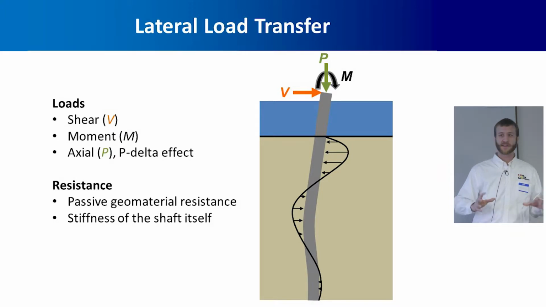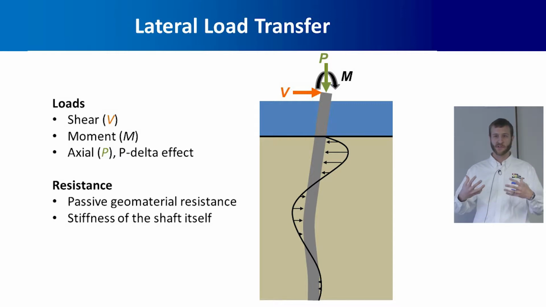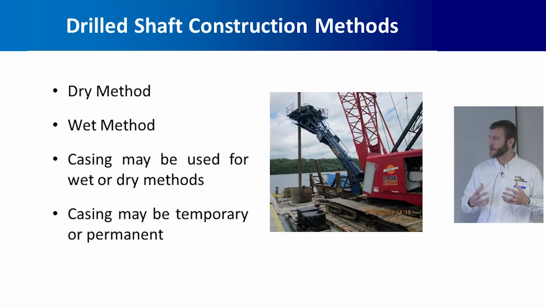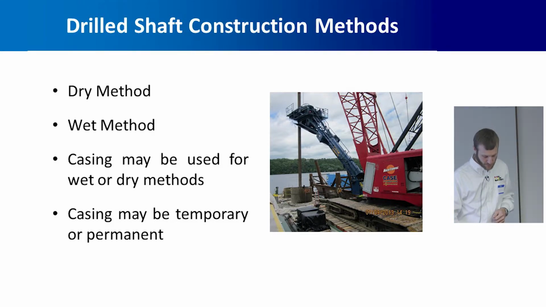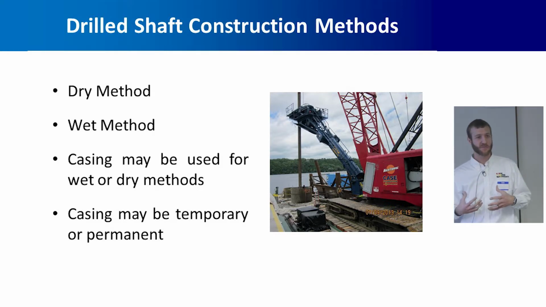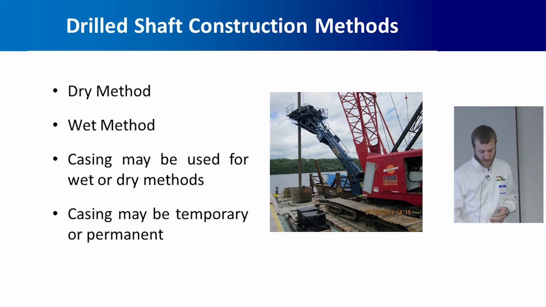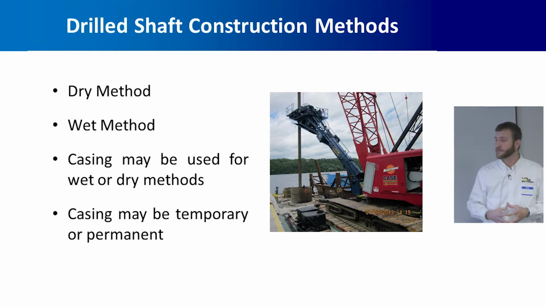All right, so we've kind of gotten through the background from the designer's perspective, and we'll dive into the construction stuff. So the simplest construction method is the dry method, which just means you have a dry hole. And then the other method would be the wet method, meaning that the hole is flooded with drilling fluid or water.